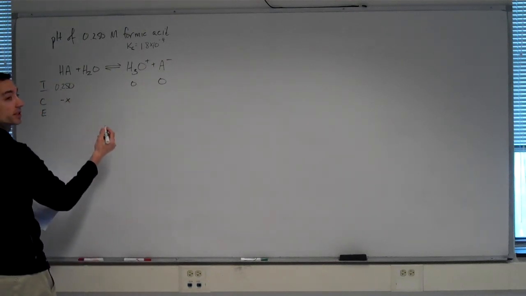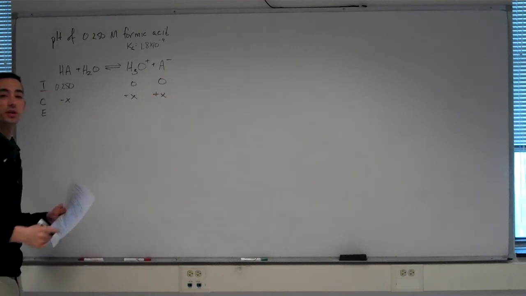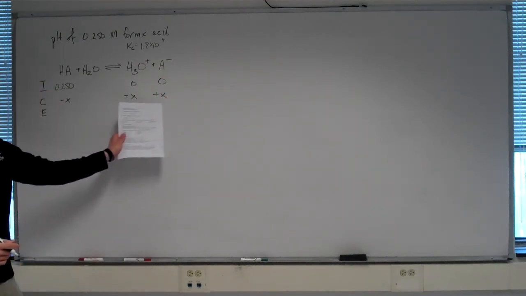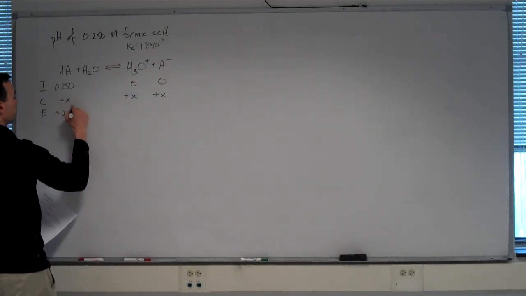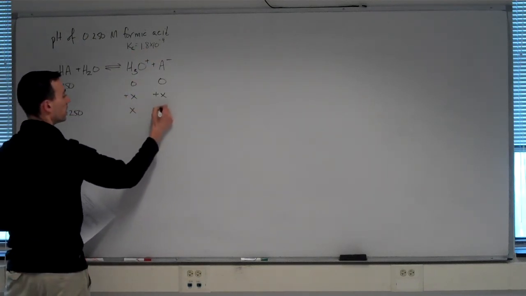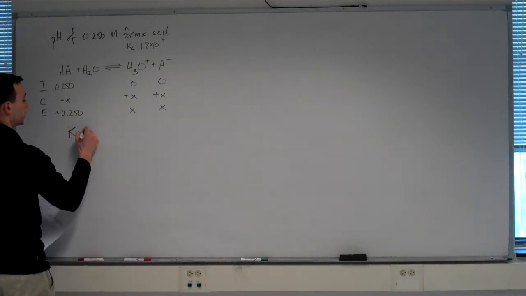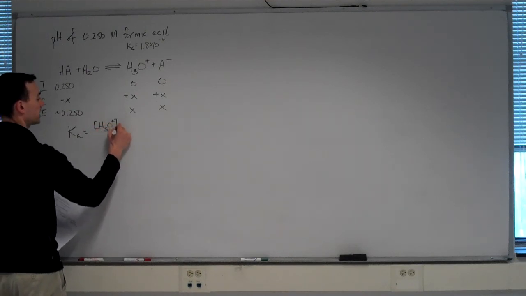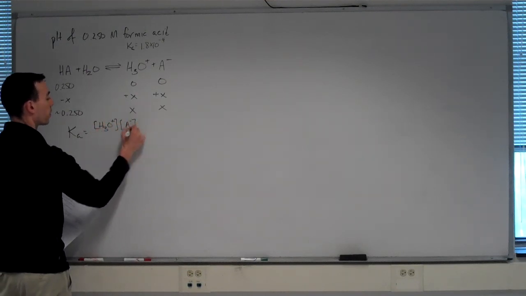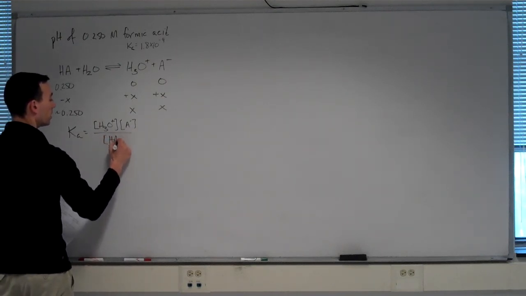Some of that will disappear, and we will produce an equal amount of H3O+ and conjugate base. We're going to go ahead and use our approximation method in this case. And our Ka is what allows us to solve for x, just like we did in chapter 14 again for regular equilibria.